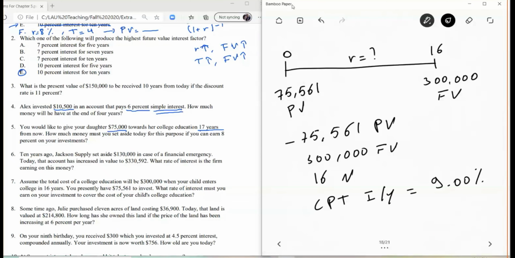So all of the problems so far are straightforward applications of the time value of money formula that we've learned in chapter 5.